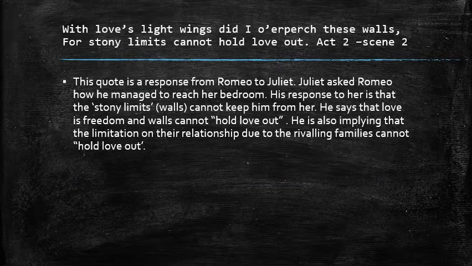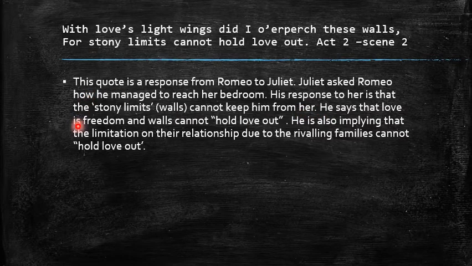Let's look at another quote by Romeo from Act 2, Scene 2. He says, with love's light wings did I o'erperch these walls, for stony limits cannot hold love out. This quote is a response from Romeo to Juliet. Juliet asked Romeo how he managed to reach her bedroom, and his response to her was that the stony limits, which refers to the walls, cannot keep him from her.